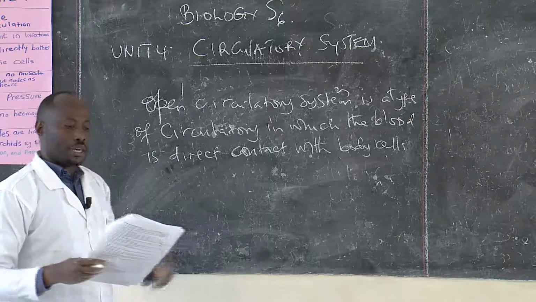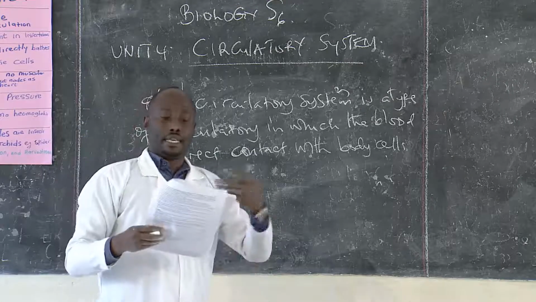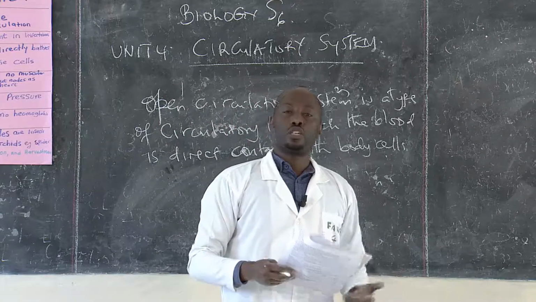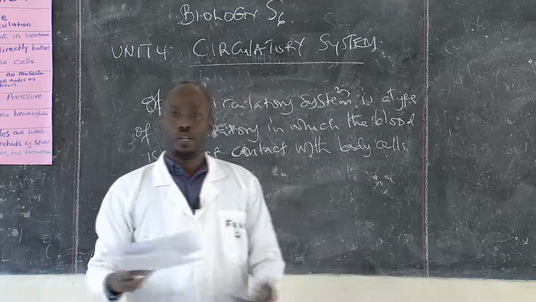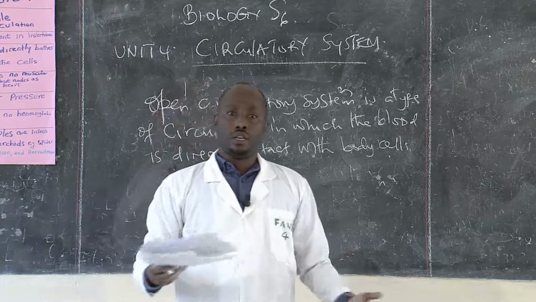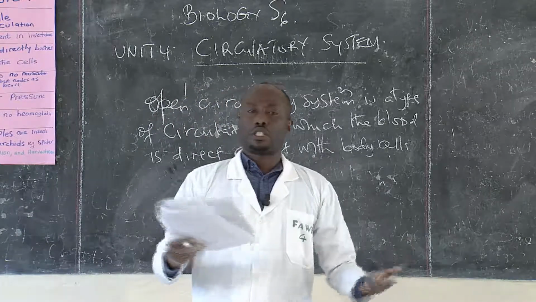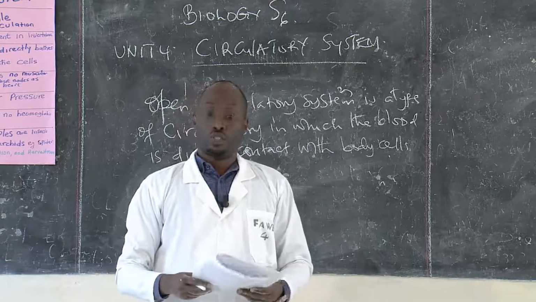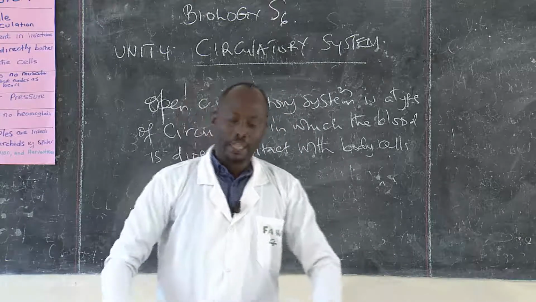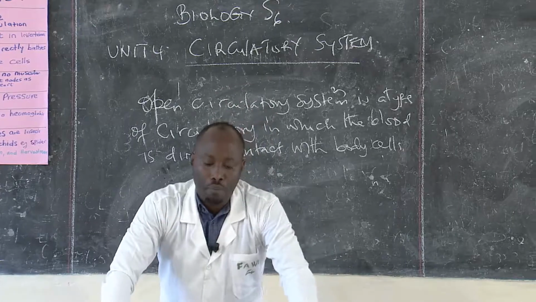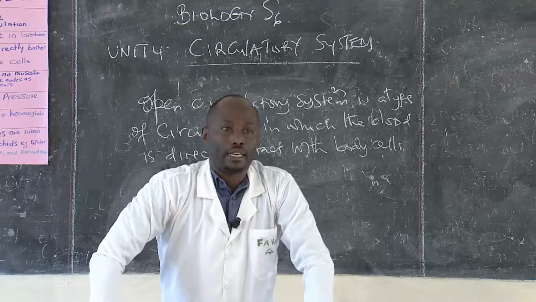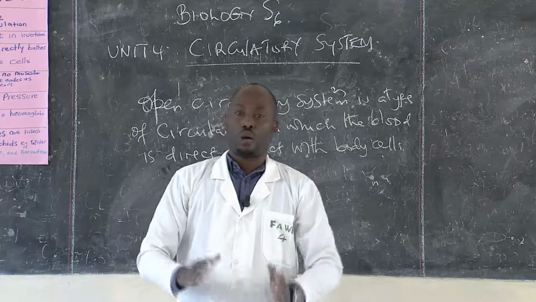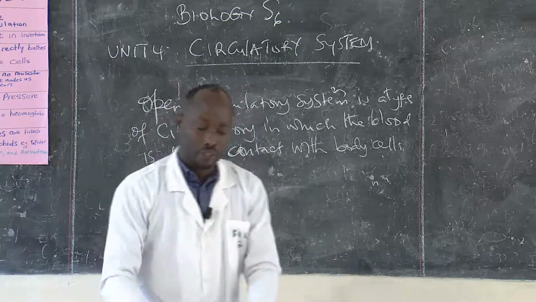The blood does not stay inside the vessels all the time because the system is open-ended. Instead, the blood is pumped by a specialized organ, for example the heart, and other pumping organs, to spaces which are called the hemocoel. You can take a note about that.